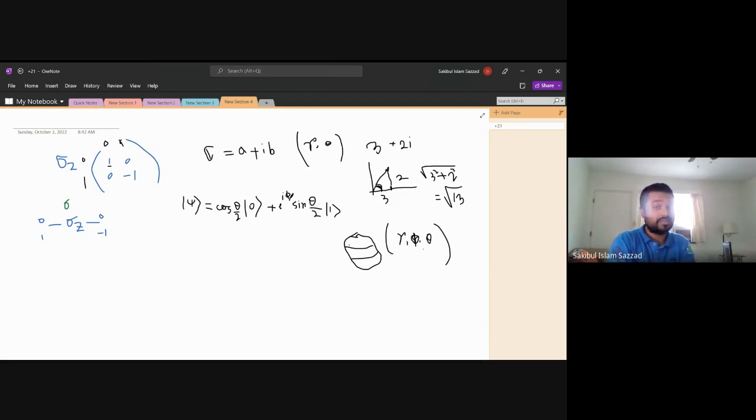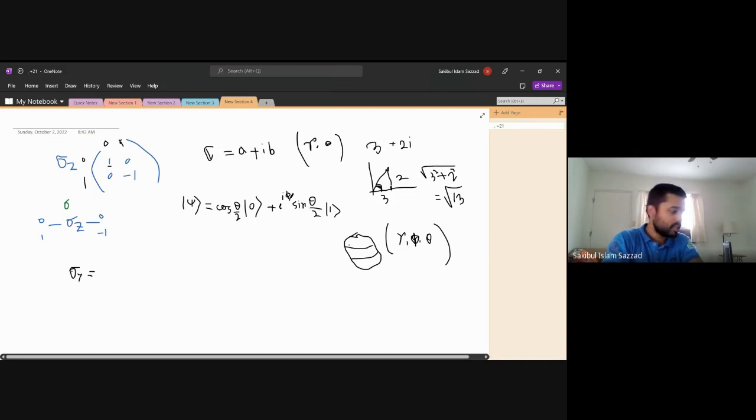So for that reason we use phase, because we have to change the rotation, so we have to change the angles. Yeah, that is for Pauli Z. We have shown Pauli X, CNOT, Pauli Z. The only Pauli matrix I have not written down is Pauli Y. I am just writing down the matrix for it.